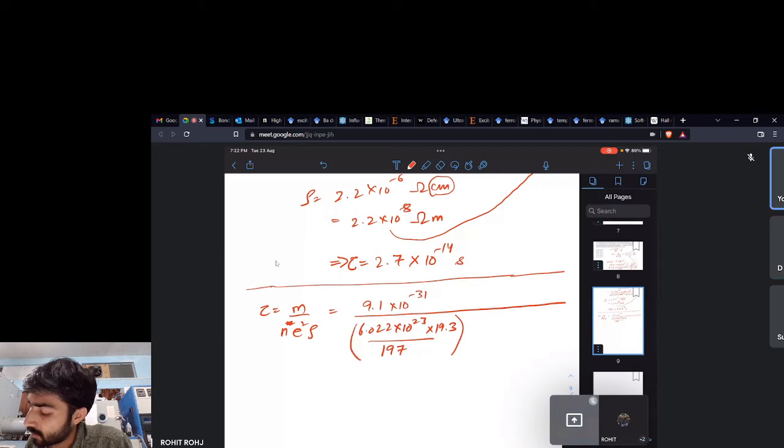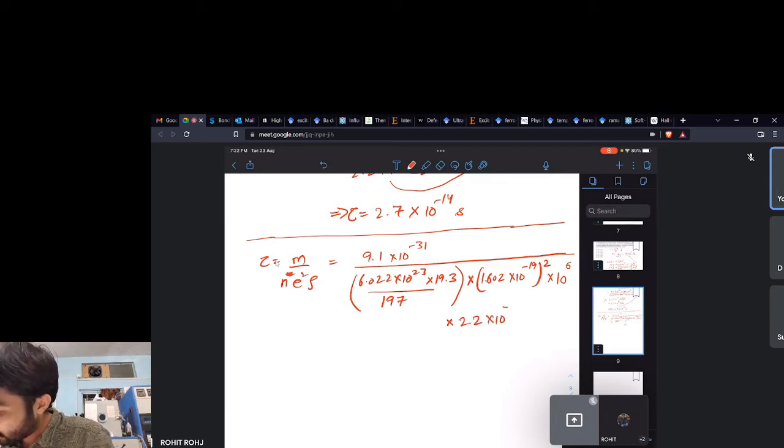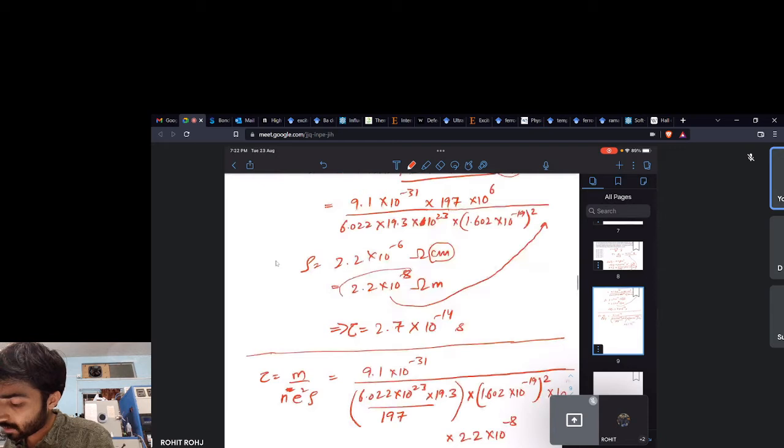This is n, and e squared is 1.602 into 10 to the power minus 19 squared, and rho. We have a factor of 10 to the power 6 coming in due to n, which I just missed again here, and resistivity would again be in the denominator. I should write 2.2 into 10 to the power minus 8.